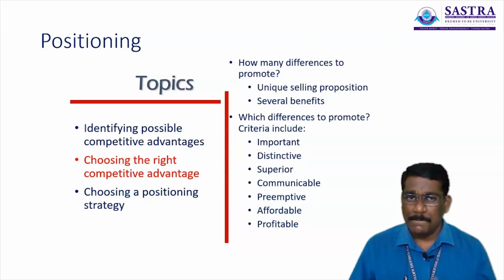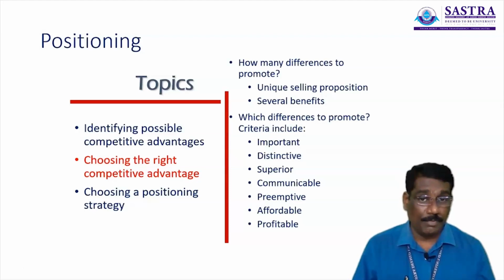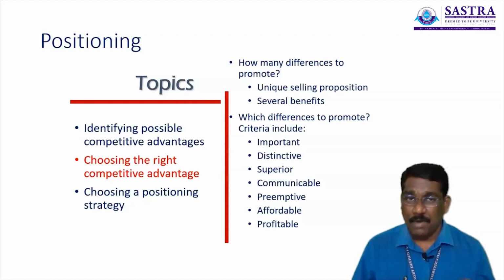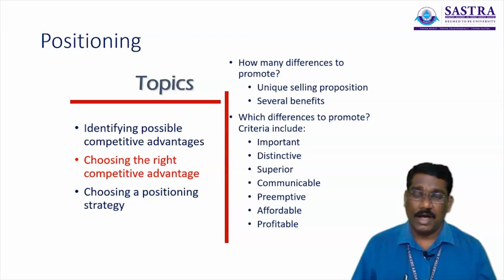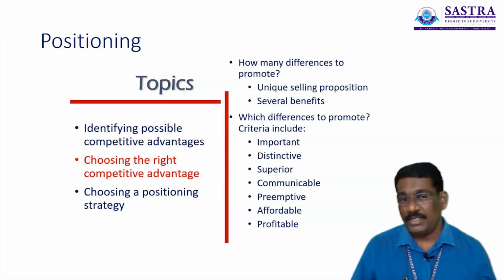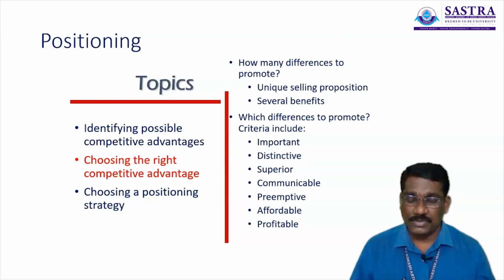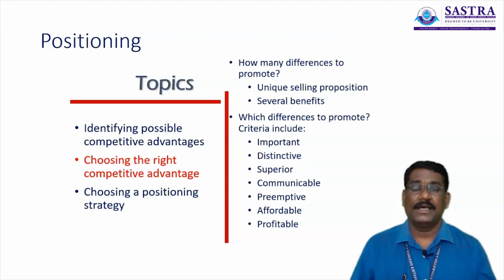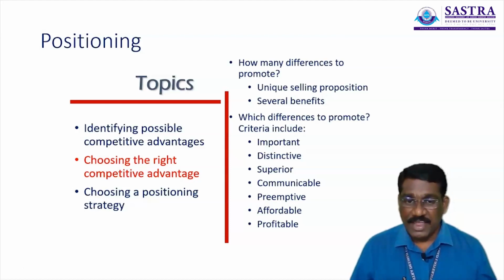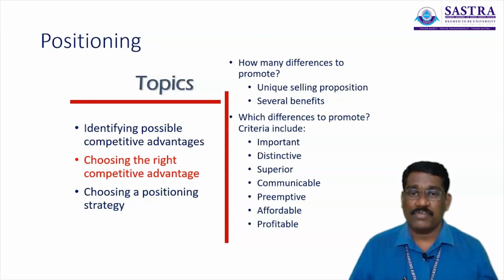How do you build a unique selling proposition, and which differences to promote? The criteria include whether it is an important feature, how it gives you a distinctive advantage, how it is superior, whether it can be easily communicated to the consumers of that particular segment, how it is preemptive, and how it is affordable and profitable.